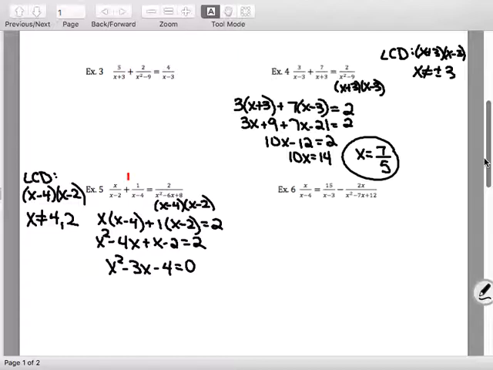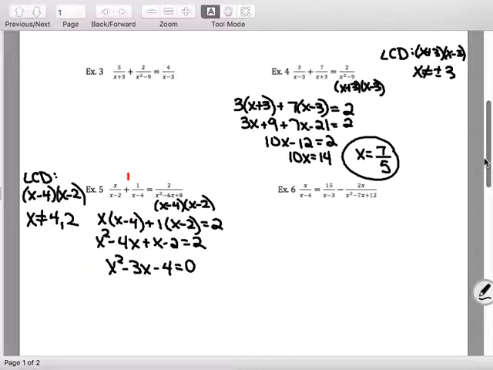What kind of equation is this that has x squared in it? Quadratic. How do we solve quadratic equations? Factoring. Factoring should be your number one strategy. If it doesn't factor, what's the backup plan? Quadratic formula. Good job. All right, so x squared minus 3x minus 4 equals 0.